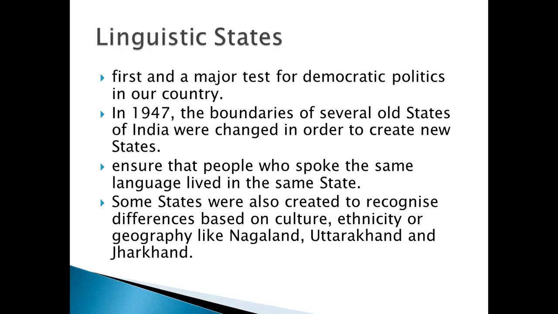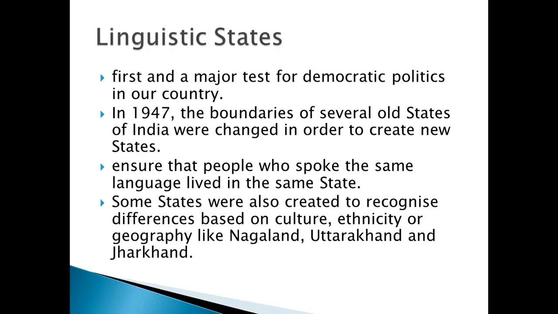In 1947, the boundaries of several older states of India were changed in order to create new states. And it was ensured that people who spoke the same language lived in the same state. Like the people speaking Tamil language are living in the same state, and the name given was Tamil Nadu.